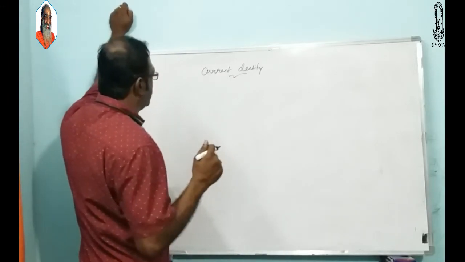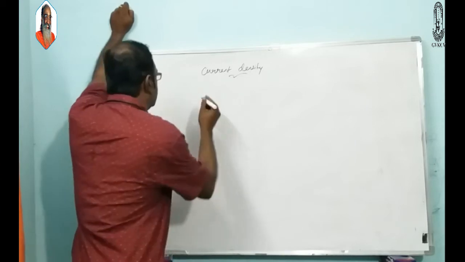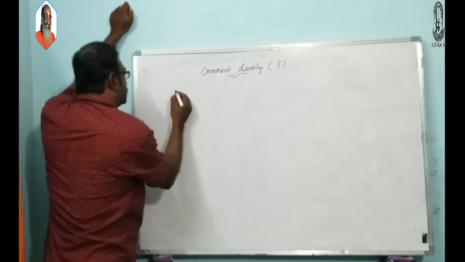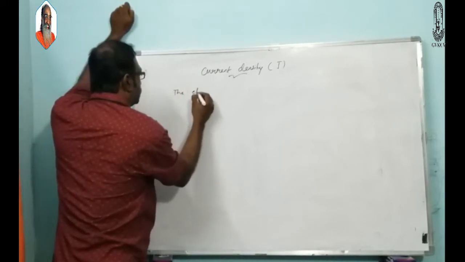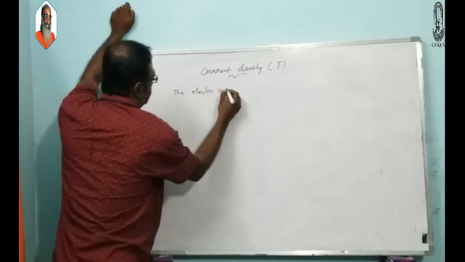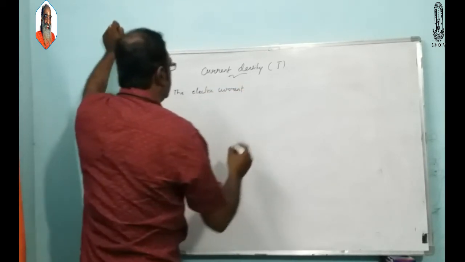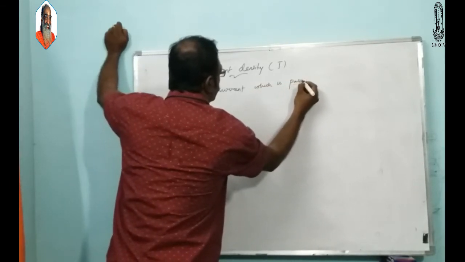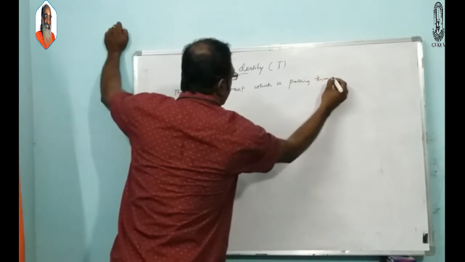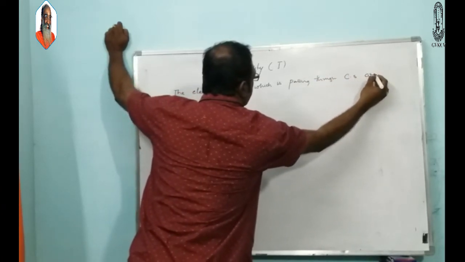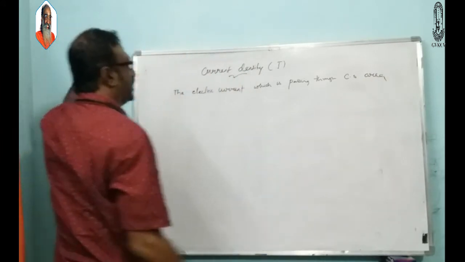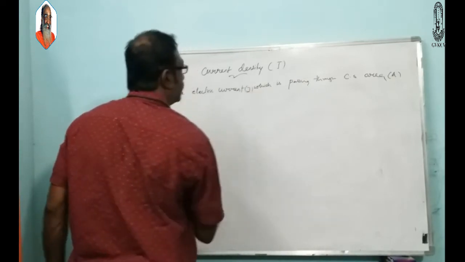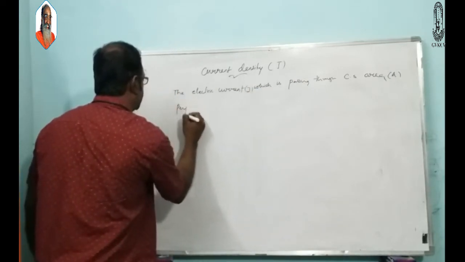So we define the current density, denoted by J, as the electric current passing through a cross-sectional area, let it be A, perpendicular to it.